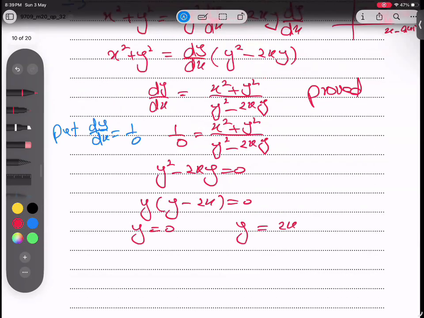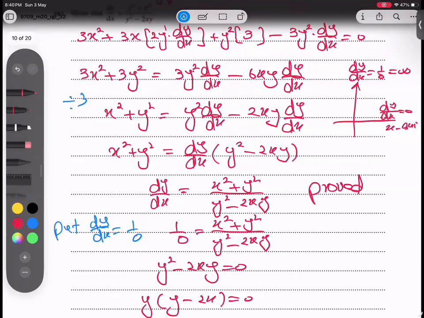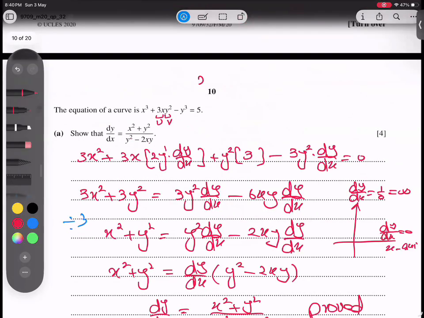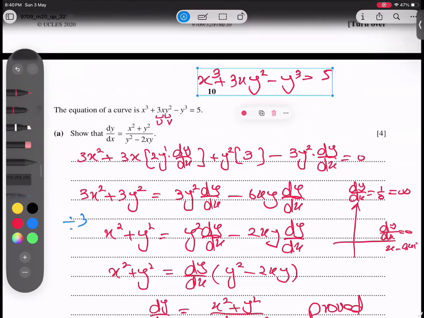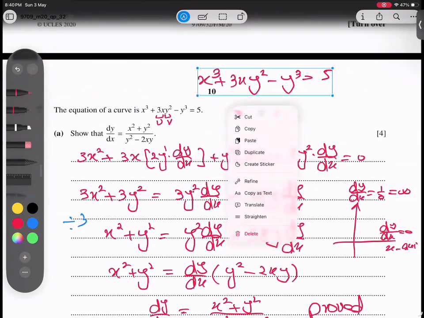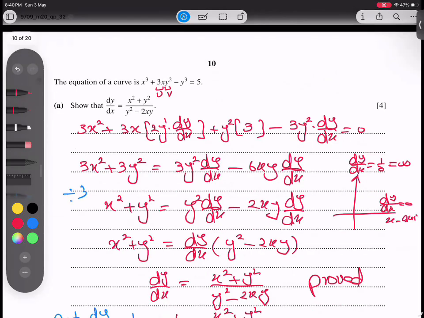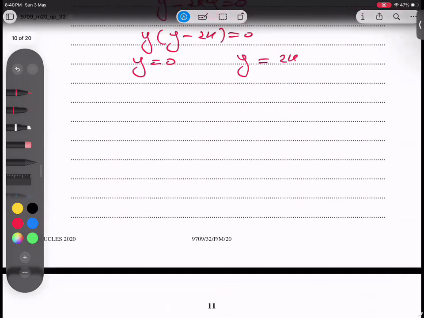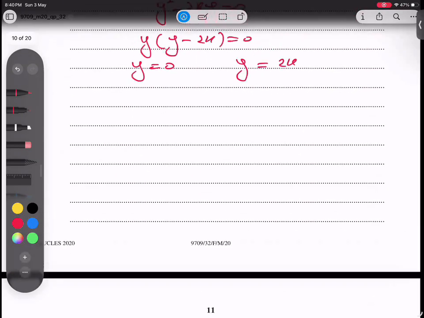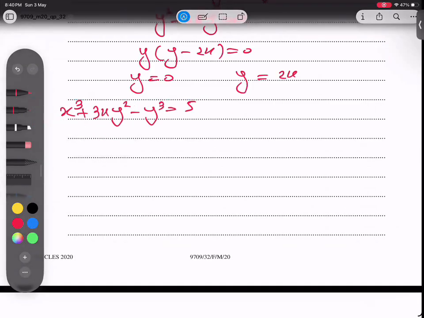We have to go on top and copy the question. So the equation is this one, which I'm going to bring down. I'm copying it 2 times, paste here and paste here.